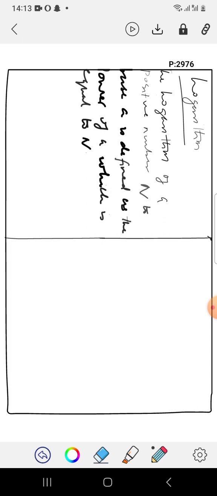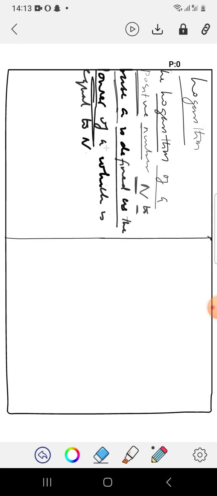So what he's saying is that the logarithm of a positive number, say n, to the base of a is defined as that power of a. Whatever you are going to raise a to, that will give you n.